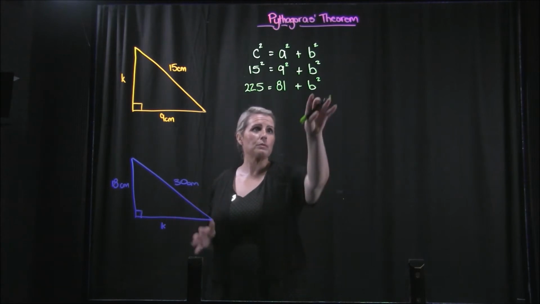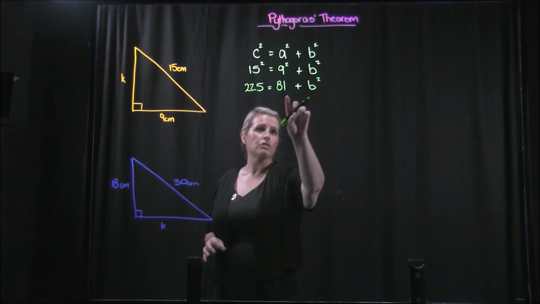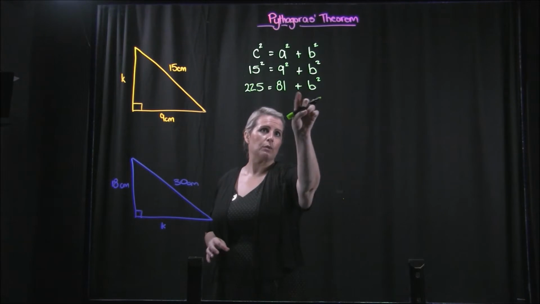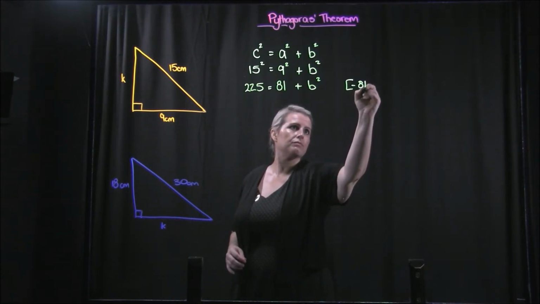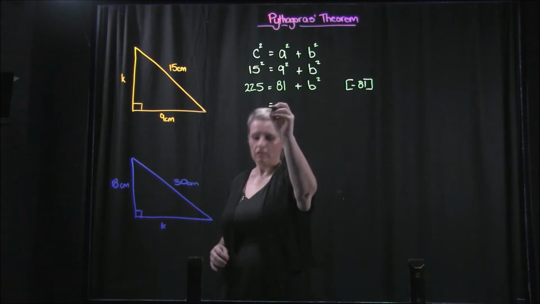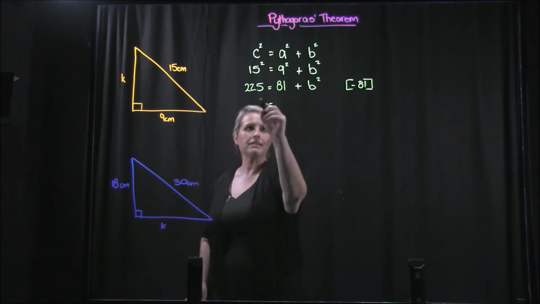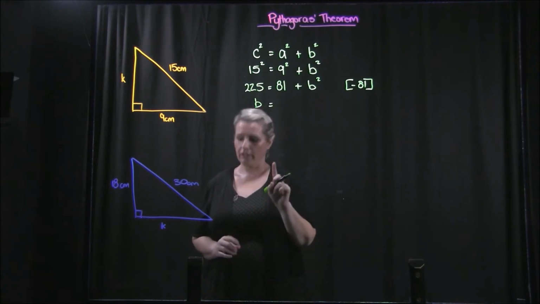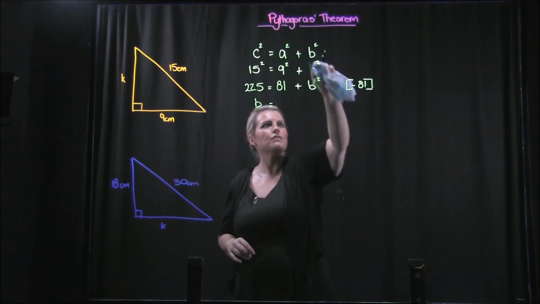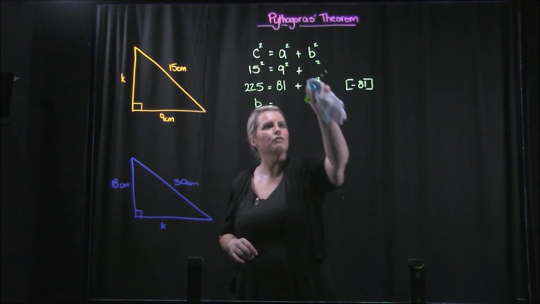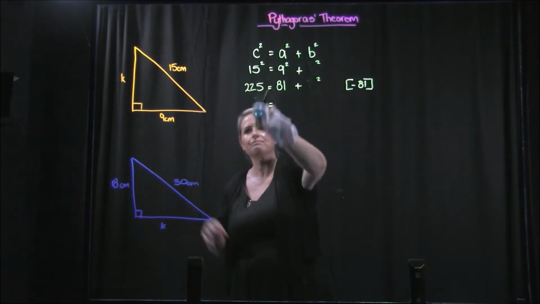Now what I want to do is get b squared on its own. In order to do that, if I'm adding 81 to b squared, I need to subtract 81. Actually, sorry. We should have subbed this in after we did the b, because they did give us a value for b. They called it k.